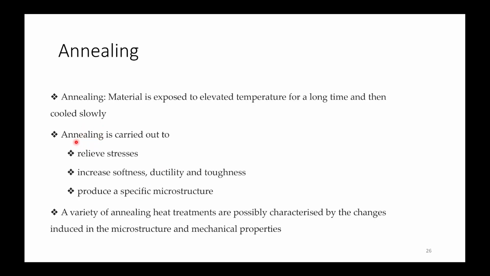For example, in spheroidizing annealing, you want to make your cementite in spheroid form, then you will be using this annealing. A variety of annealing heat treatments are possible, characterized by the changes induced in the microstructure and mechanical properties.